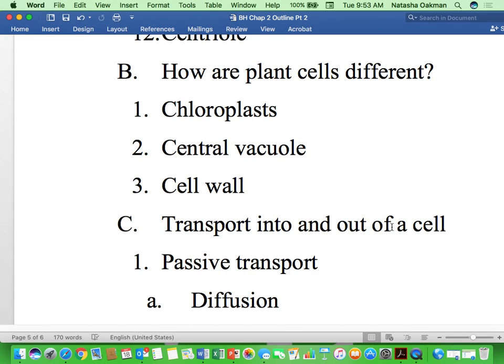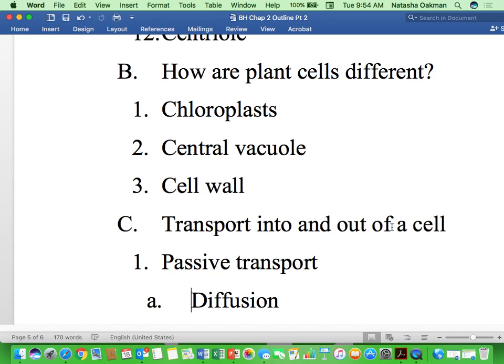So one type of passive transport is diffusion. Diffusion is the movement of solutes. Now recall we've seen that word before. Solute means things that are dissolved in something else.